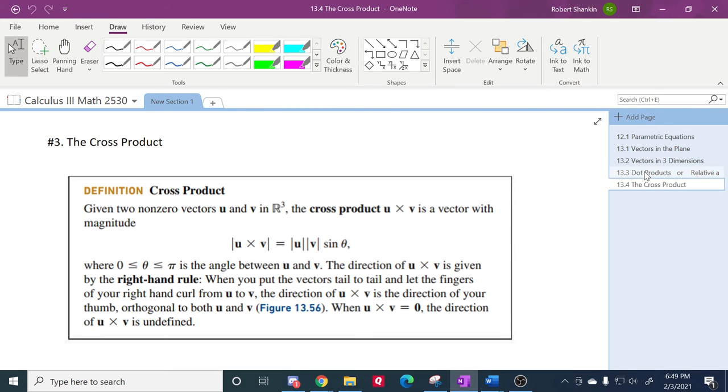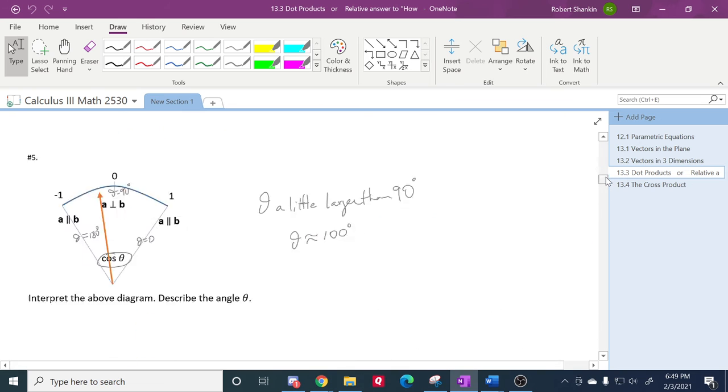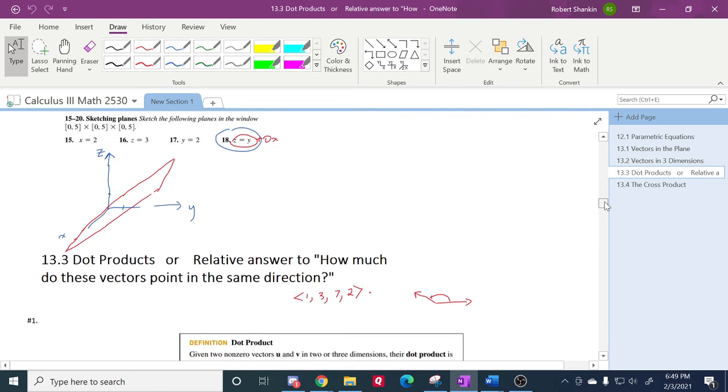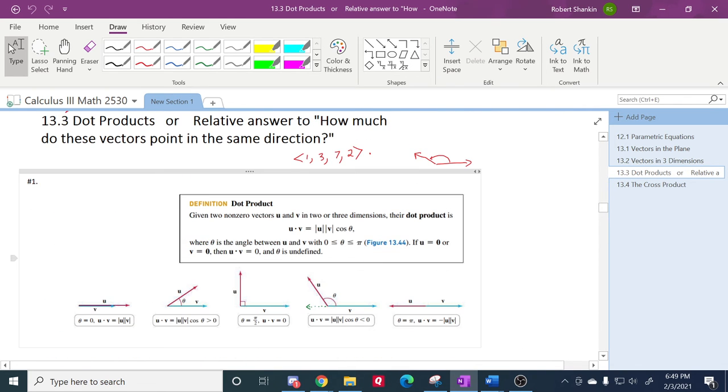Let's look at the dot product and its definition. The magnitudes times the cosine of the angle theta. But the dot product was not a vector, it was just a scalar, so we didn't need anything beyond this.